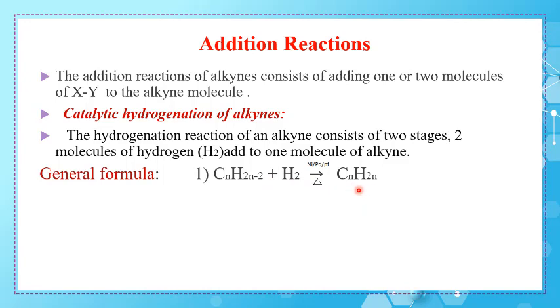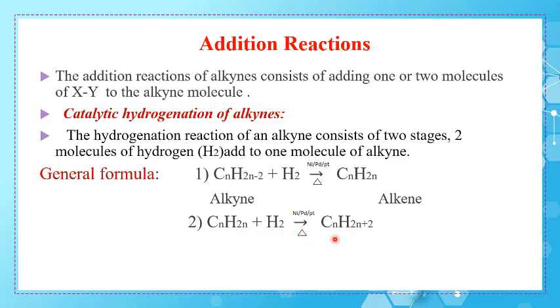So the alkyne becomes alkene. The alkene has a double covalent bond, and I can add H2 on this double covalent bond, so we put H2 and the alkene becomes alkane.